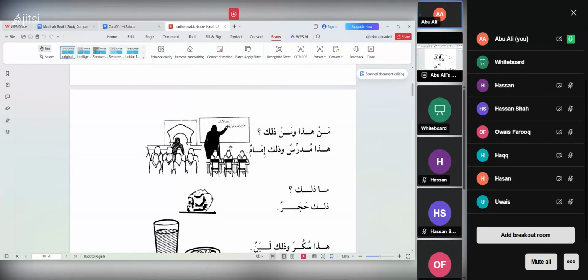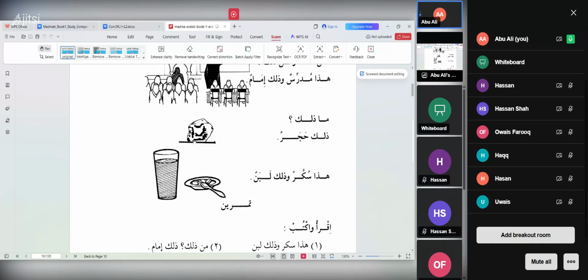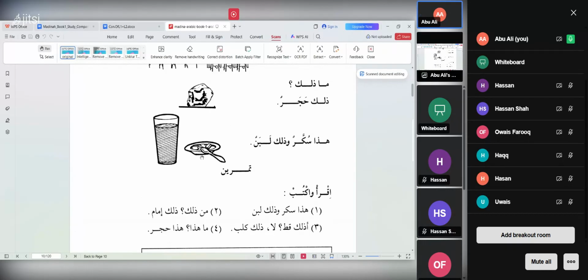Who is this and who is that? This is a مدرس. That's an imam, a leader. مدرس means a teacher. ما ذلك. What is that? That's a stone. حجر. ذلك حجر. That's a rock or a stone. This is sugar. That's milk. هذا سكر وذلك لبن. لبن means milk.